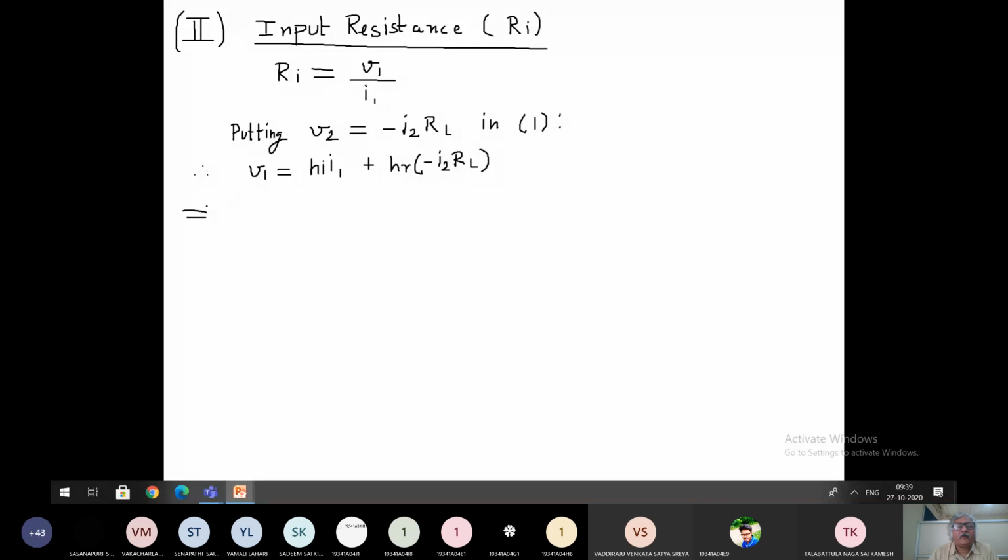So this equation will become V1 is equal to HI I1 minus HR I2 RL. Okay.